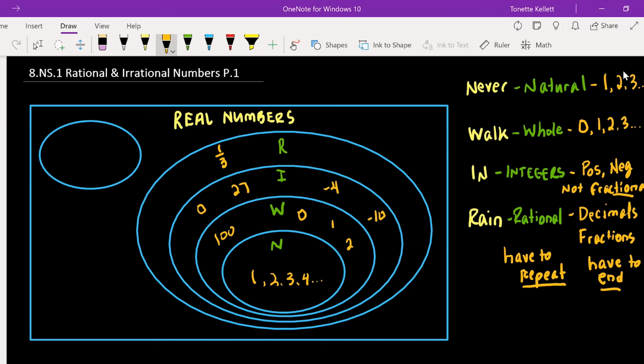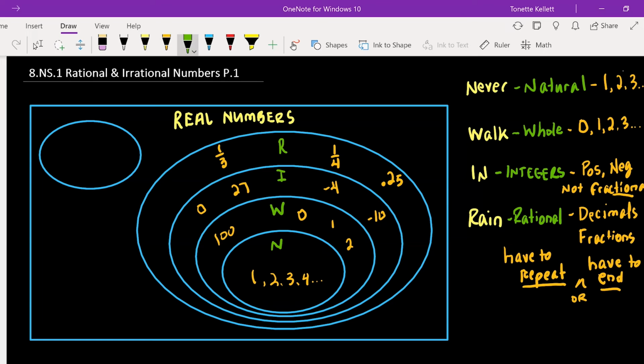So it does repeat. 1/4, if I were to put that as a decimal, it would be 0.25. So you see it does end. It doesn't repeat, but it does end. So it has to be one or the other.